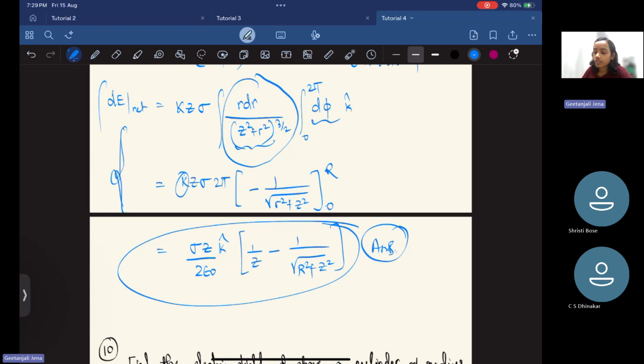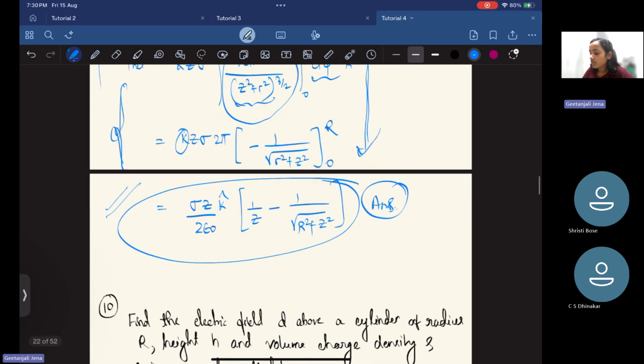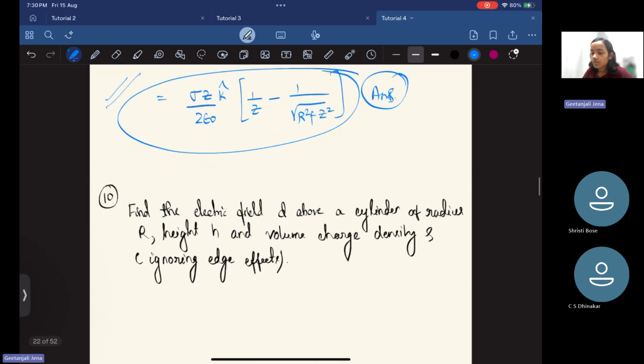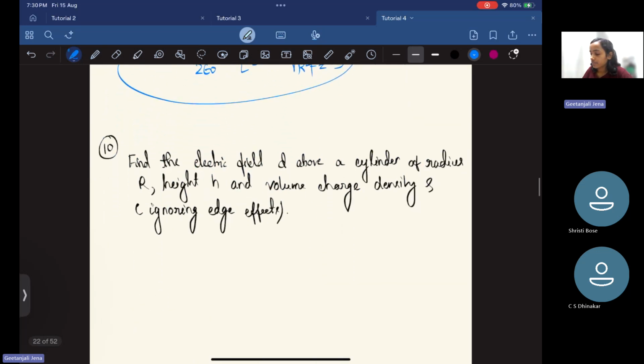But you can only use Gauss law whenever there is a symmetry. If there is a symmetry, then you can easily calculate the electric field using Gauss law. If there is no symmetry, then it's best to follow the steps using this procedure. We'll see how we can calculate using Gauss law, but for now, we'll stick to the conventional method of finding the electric field.